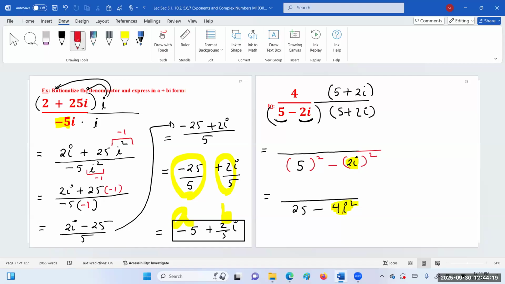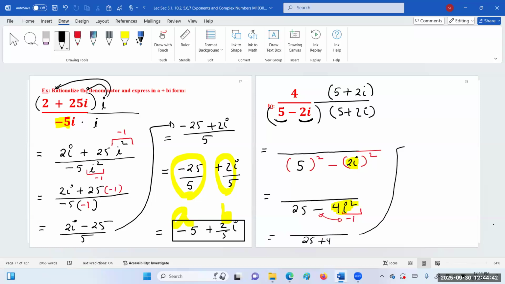But then we have the same thing. What is i squared? -1. So you're multiplying -4 times -1. What do you get? +4. So it's 25 plus 4.